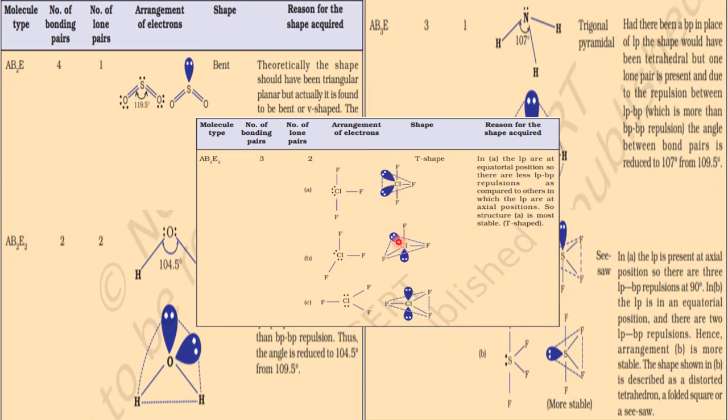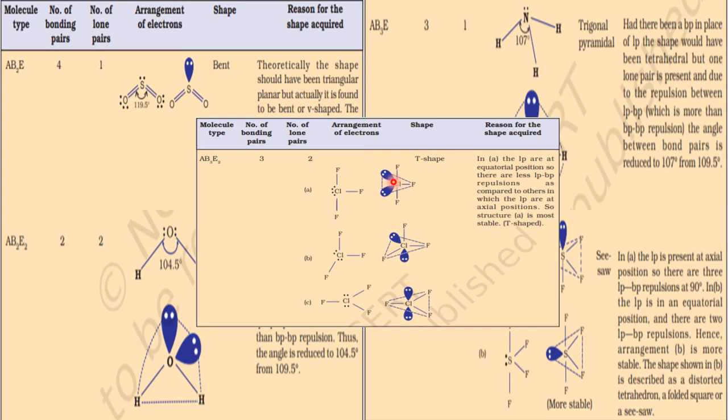Here they are close, here close, here close. Here also we can explain, close, close. So for the repulsions, if you take one repulsion as 1 for comparison, then here it is 1.1 and 1.12. If you compare 1.12, 1.1 and 1, naturally this one is less at the microscopic level.